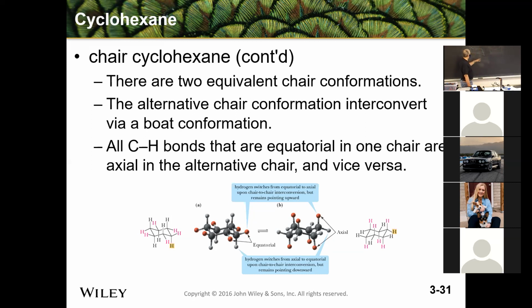You can start anywhere. Arbitrarily, I start here at the bottom corner, and we alternate. So this one goes straight down, the next one goes straight up, and straight down, then straight up, then straight down, and then straight up. These are what are called the axial hydrogens.